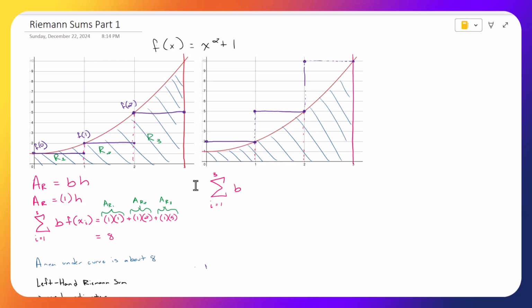And then our height is going to be f of x sub i, where our f of x sub i's are now different. We're looking at f of 1, f of 2, and f of 3.